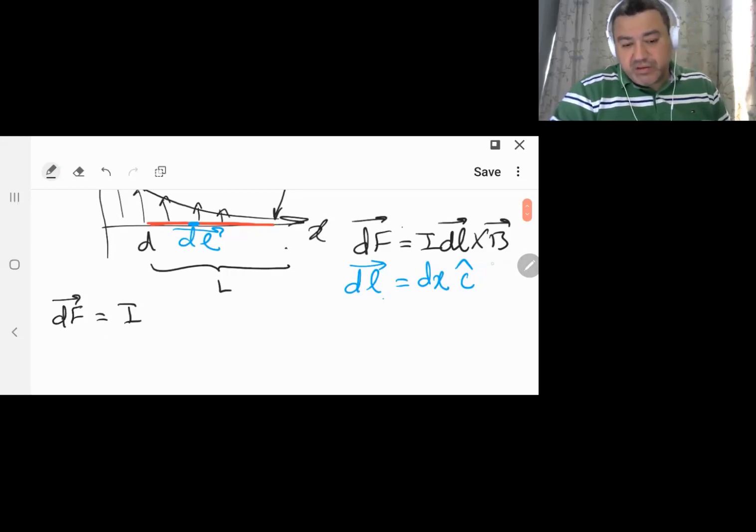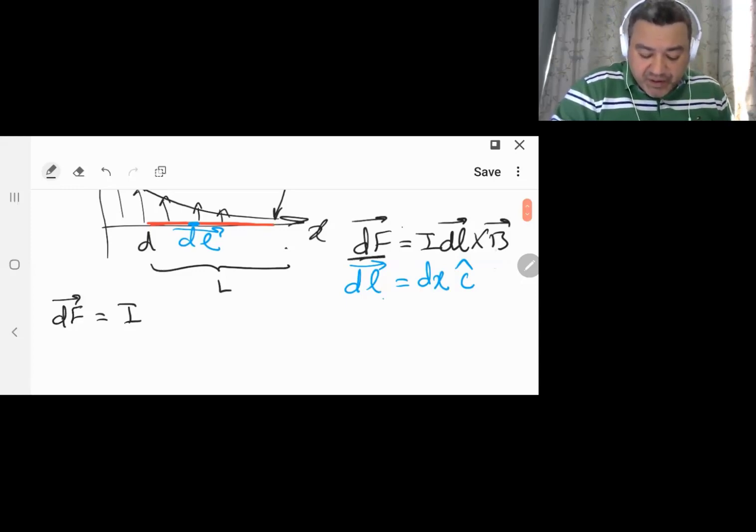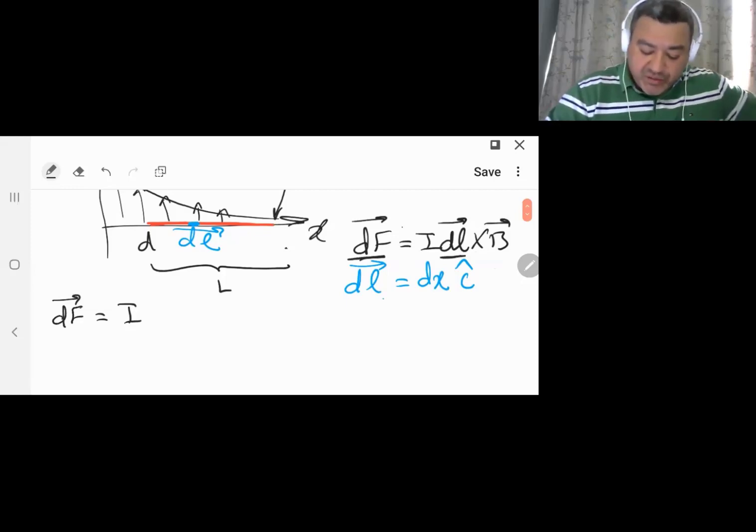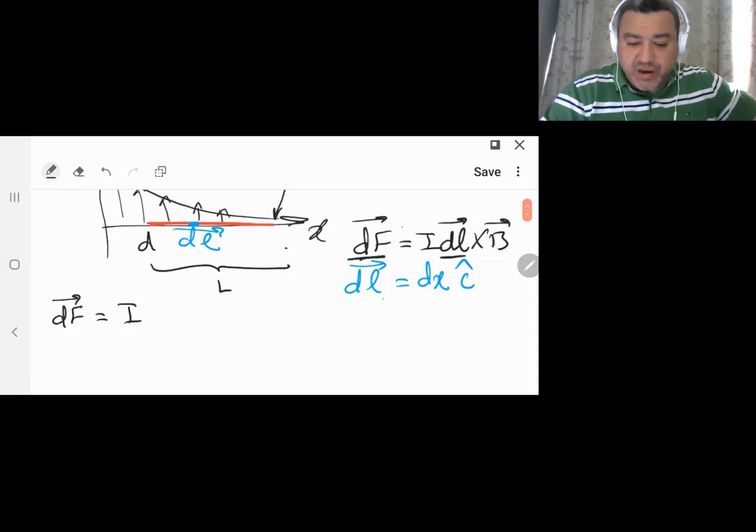It is B, not dB. I have dF, and then I have my differential element dl. It is one variable here. My magnetic field is defined by the equation that describes this magnetic field as a vector field.